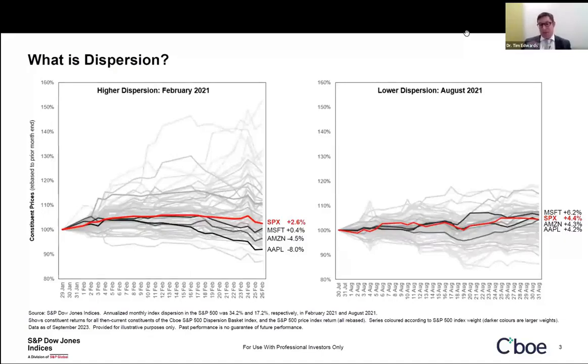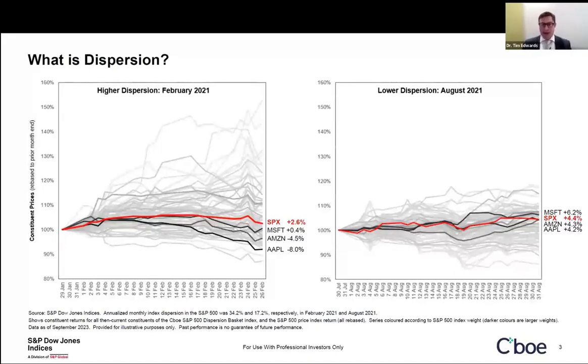Now, dispersion is like volatility in the sense that it is a measure of risk, right? That there is more risk of losing money if you're selecting stocks on the left-hand side than on the right-hand side. And like volatility, it's also a measure of opportunity. It is what additional value there is to be had in making a good selection versus a bad.